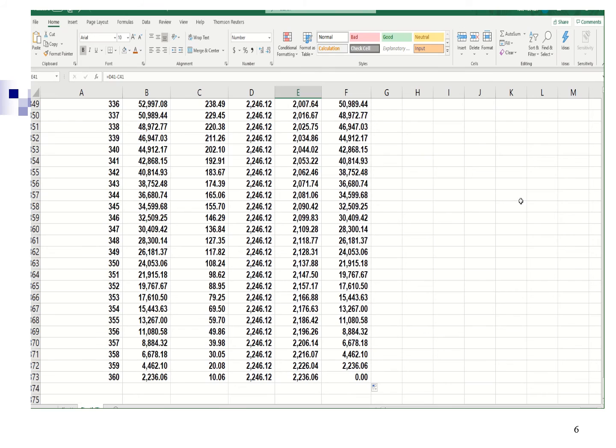A good way to check whether the model is correct or not is to look at the amount outstanding at the end of the loan period. If the amount you owe the bank is zero at the end of the loan period, the model tends to be correct.